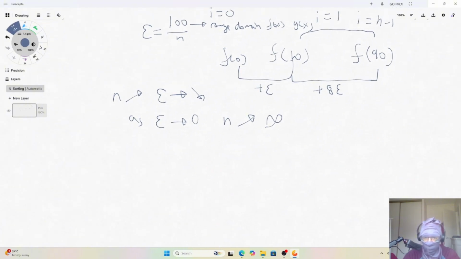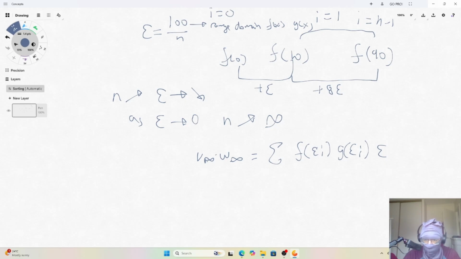So what would happen then is that the inner product of those two vectors with a dimensionality that tends to infinity will be given by, this summation will become an integration, because this epsilon will tend to 0, while the summation goes from i equals 0 to i equals n minus 1.